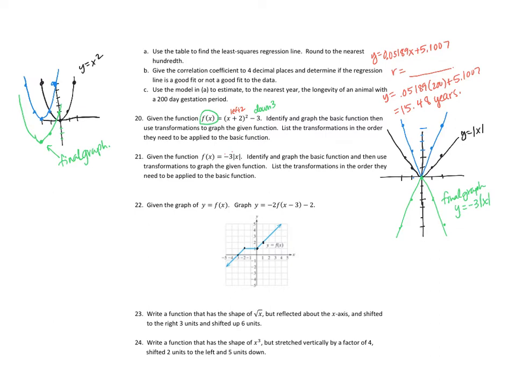Okay, and what I'm going to do here is multiply all of those y values by 2. So the y values here are all 1, so if I multiply them by 2, I get these y values at 2. The y value here is 2, if I multiply it by 2, I get 4. And the y value here is 0, if I multiply it by 2, I get 0, right? And so my graph is doing something like this.